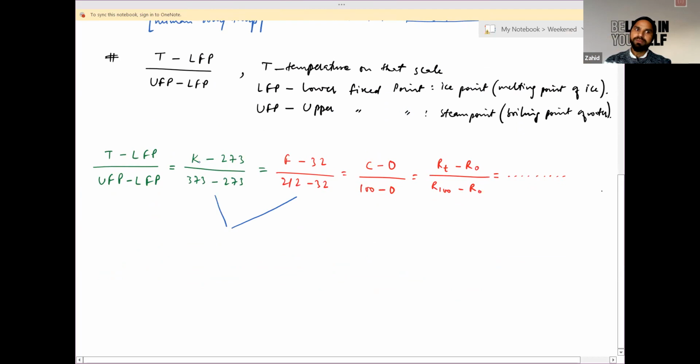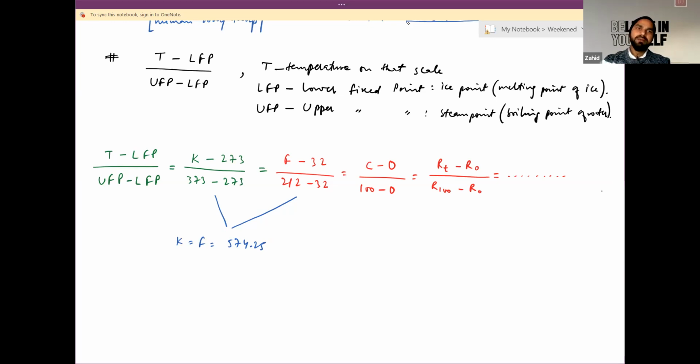So just put K and F as X and X, and then simplify this expression. You will get K equals F equals 574.25. It means at this temperature, the numerical values of Kelvin and Fahrenheit are equal to each other.